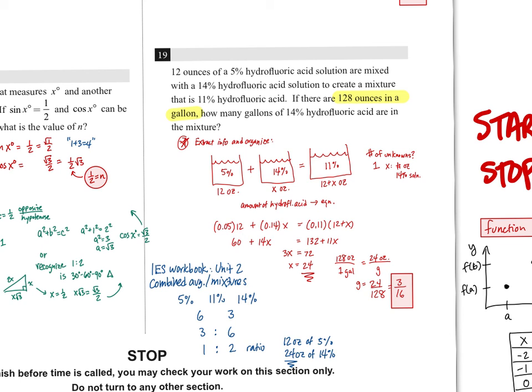So 5% of 12, 14% of X, added together is going to give us 11% of 12 plus X. In essence, we're trying to find out how much acid there is in this solution, in the system. So if we multiply it out and we can solve for X, we can then use the conversion. I did a proportion to convert from ounces to gallons. Okay, so there's the work right there.